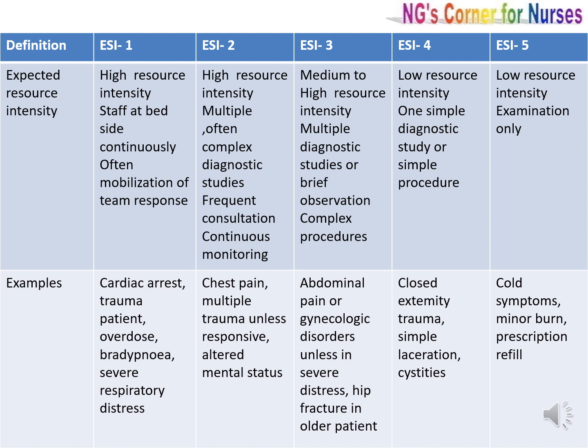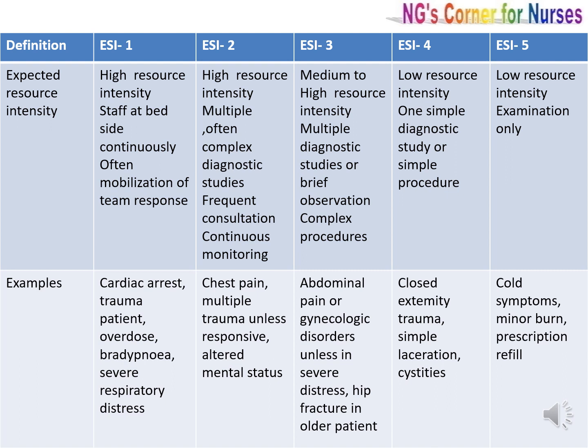Next, the examples. The patient with cardiac arrest, trauma patient, overdose patient, bradypnea, severe respiratory distress, these patients come under ESI category 1. Next, chest pain, multiple trauma, unless responsive, altered mental status, these patients come under ESI category 2.